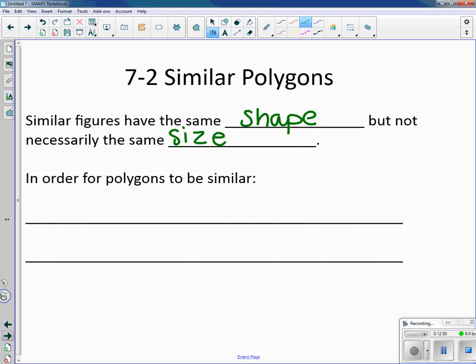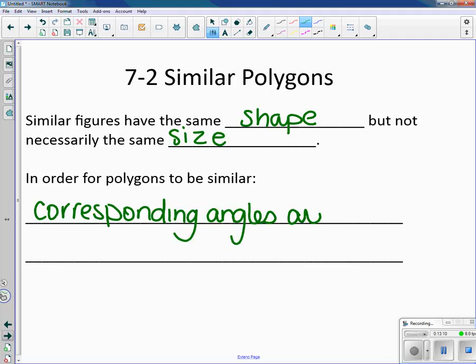In order for a polygon to be similar, the corresponding angles are congruent, but their sides are proportional.